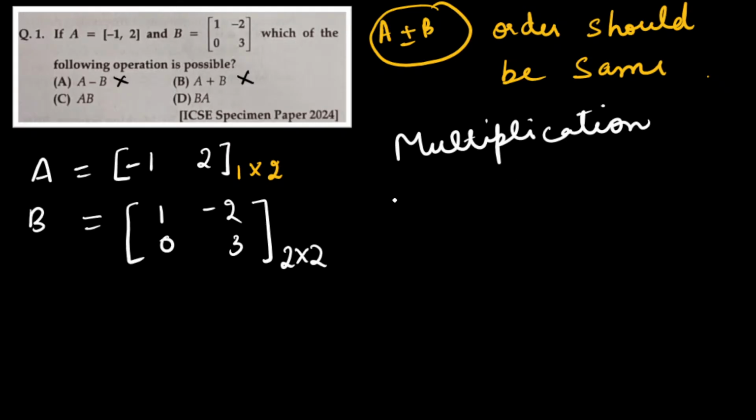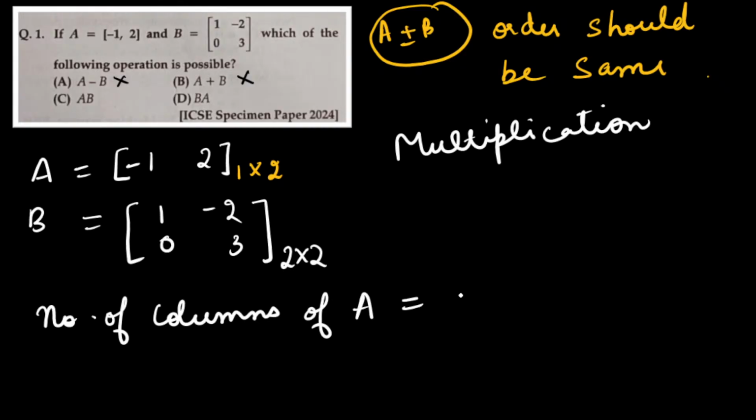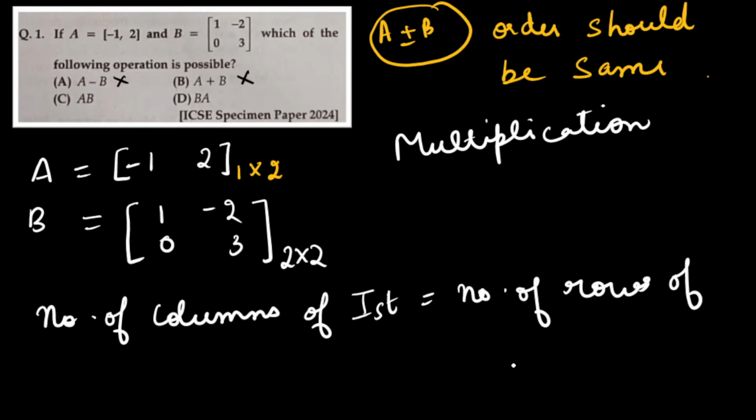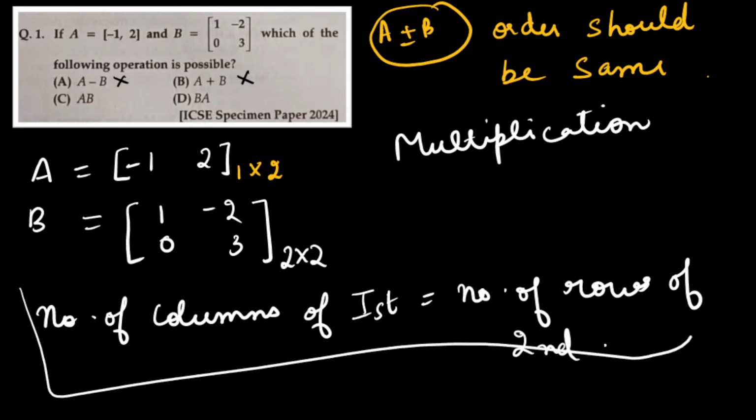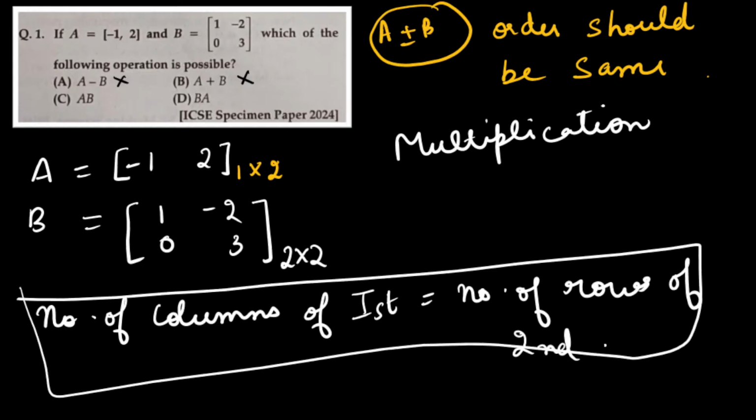For matrix multiplication, you have to remember: the number of columns of the first matrix should be equal to the number of rows of the second matrix. If it is equal, then matrix multiplication is possible.